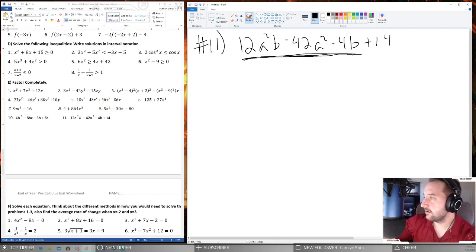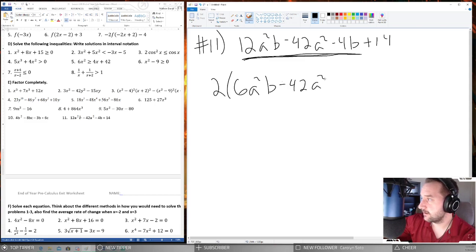Actually, we can actually factor out a 2 first. So I get 6a squared b minus 42a squared minus, whoops, (21a squared minus 2b plus 7.